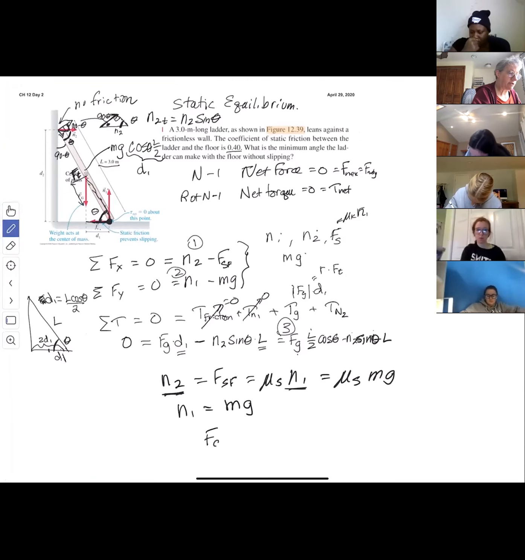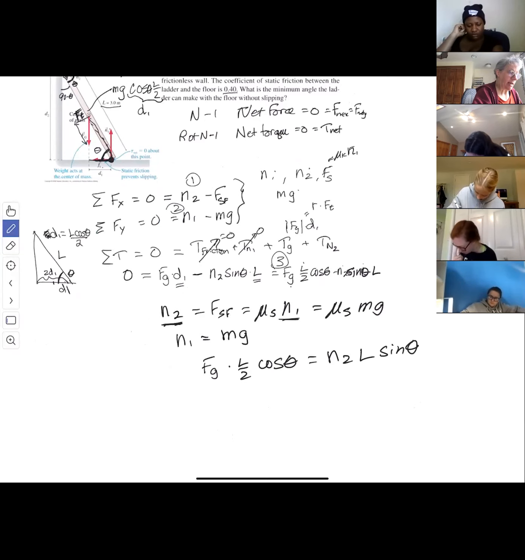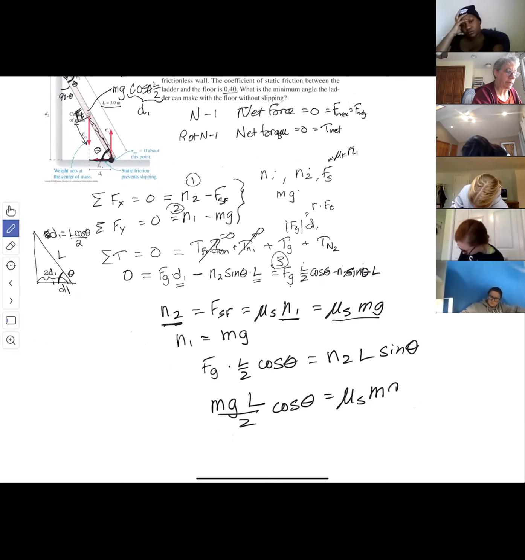We know that Fg times L over 2 times the cosine of theta has got to equal N2 times L times the sine of theta. Fg has got to be mg, so mg L over 2 cosine theta, and N2 was mu s mg, and then we still have to keep our L sine theta as we go along there.